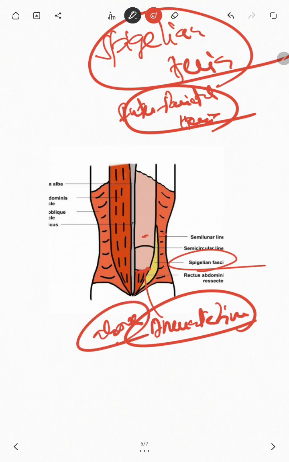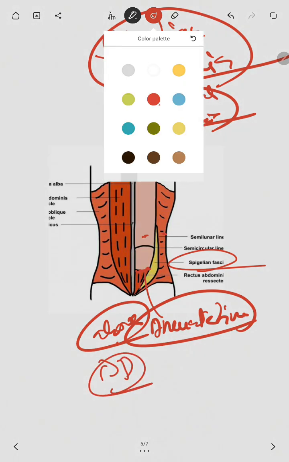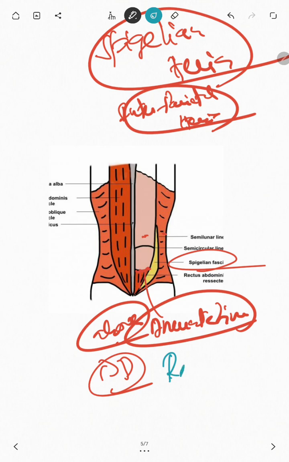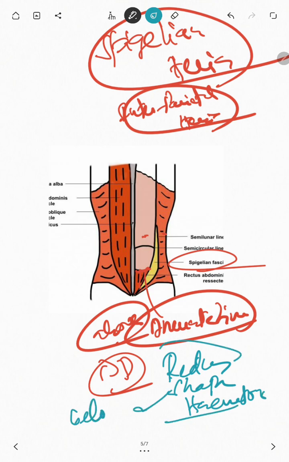Why is it important? Because below this, the important differential diagnosis for your Spigelian hernia would be your rectus sheath hematoma. Mostly this rectus sheath hematoma will be below the arcuate line.